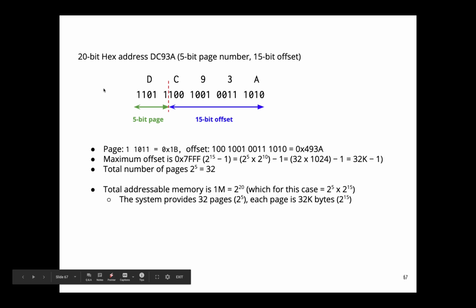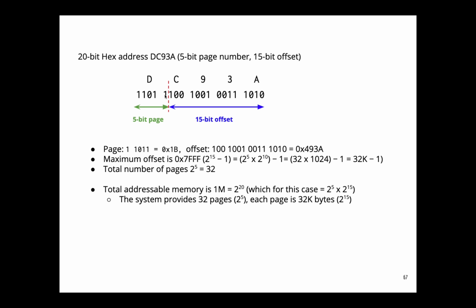Now look at the same example again, but what if we change the page number and the offset to 5 bits for page number and 15 bits for offset? That means the leftmost 1 from the C should belong to the page number, not to the offset. So the page number is actually 11011.